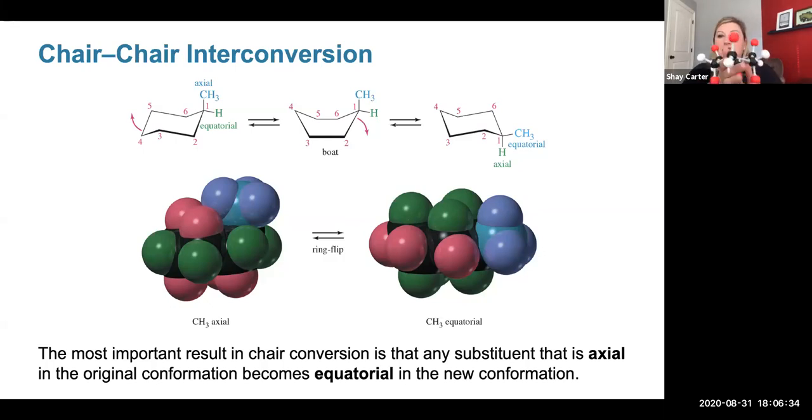In fact, it's most stable when large groups are equatorial because they are very far apart from each other, okay? They have lots of space out here on the side, rather than being close together. So bulky groups prefer to be in the equatorial position, whereas smaller groups are okay being axial.